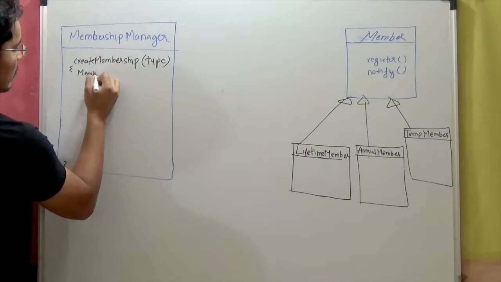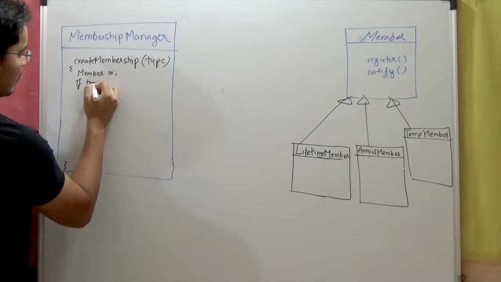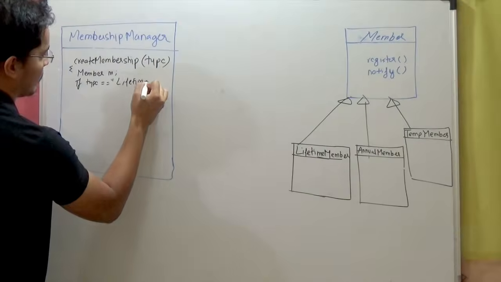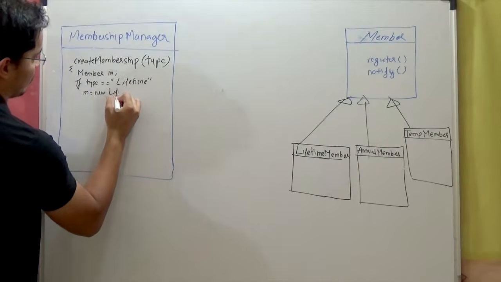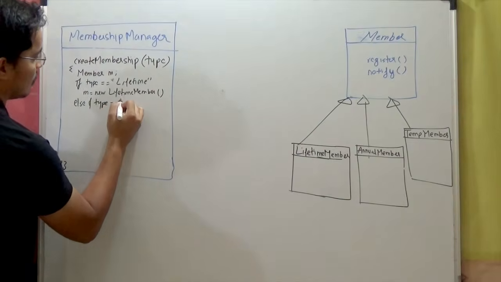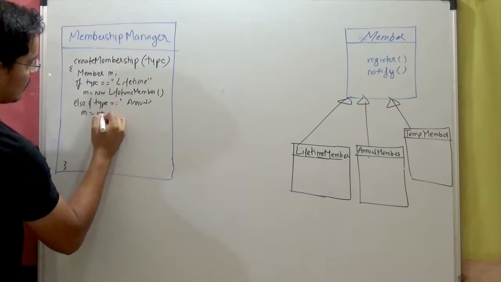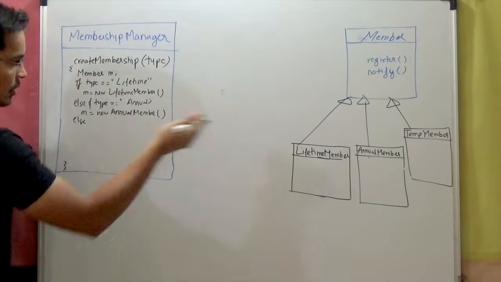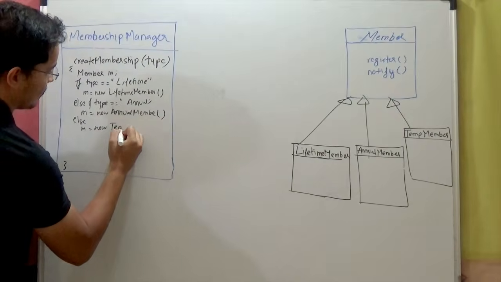If type equal to lifetime, we'll say M equal to new lifetime member. Else if type equal to annual, we'll have M equal to new annual member. Else, because only one is left, M equal to new temporary member.